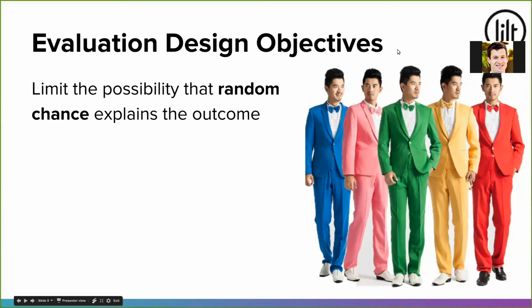If we think about this in terms of clothing, say we had an evaluation where we're rating some aspects of how this person looks in these different suits, and we ask a group of people some questions to rate this particular gentleman in the suits he's wearing.